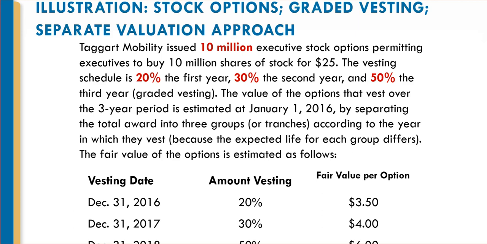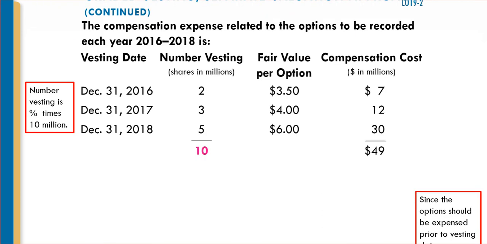Therefore, the difference between the value of getting to buy it at $25 and getting to buy it at market price is going to be greater because market price goes up for those that vest in 2018. So you're going to see a difference in the fair value per option. These are all priced separately, using the BS model or one that's acceptable for GAAP. So the total value, when you multiply it across, you come up with a total compensation of $49 million.